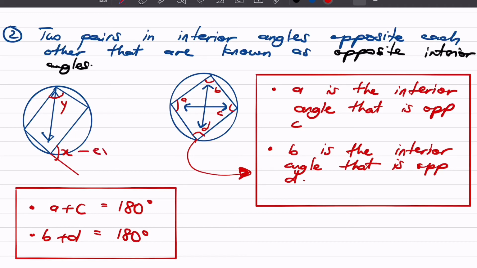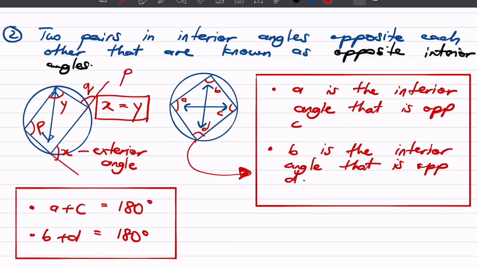So this is the exterior angle. So you have to know that this angle x is the same as the angle y. Same goes for if there's another one here, P, and there's a line over here, the exterior angle is Q, so the angle P is the same as the angle Q. Make sure you remember all these properties, which is very important.